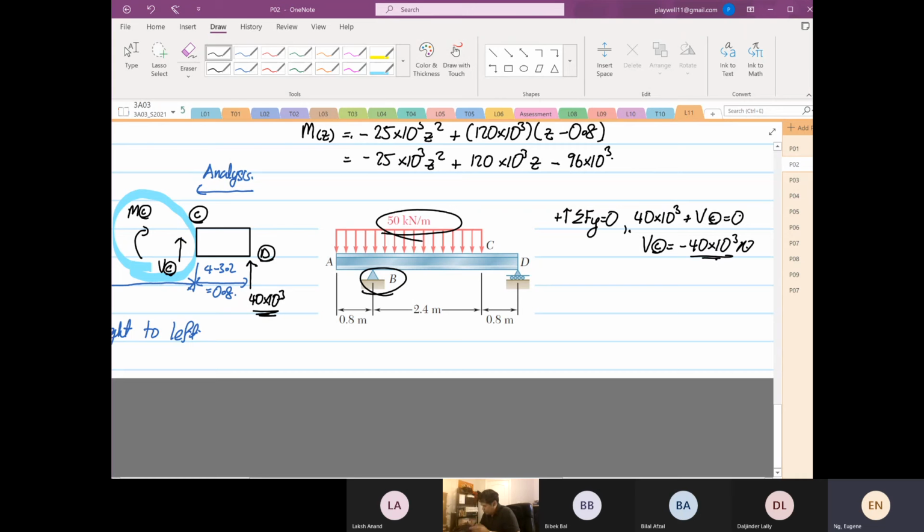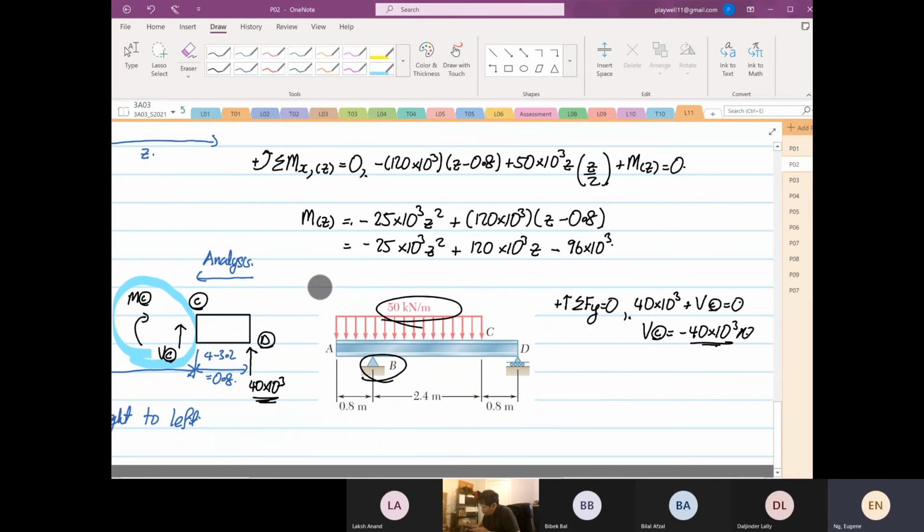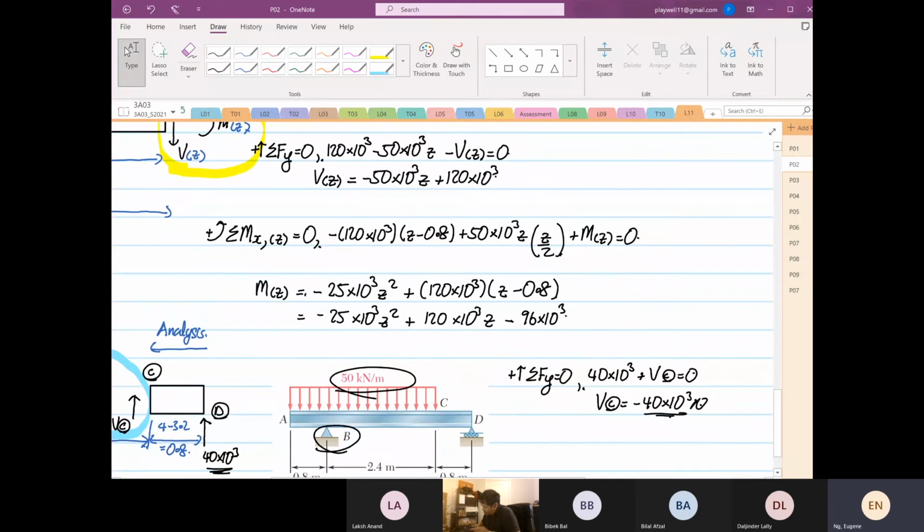You can also use this equation down here to check. At point C, z is equal to 3.2 meters. If you use this equation over here, it should be the same.